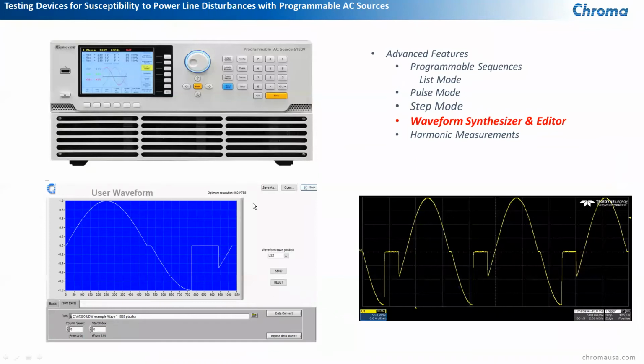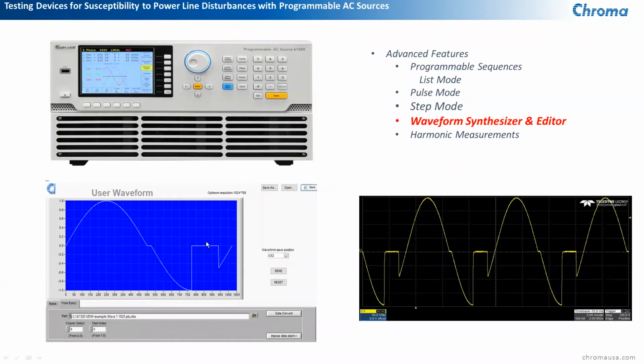We can also create waveforms, like I mentioned, by importing them in Excel. We have up to 1,024 data points to create a waveform cycle. And we can edit it in Excel, and then we can download it from Excel. We can also use waveforms that have more data points, and then we actually have a data conversion. It will mathematically convert that down to the 1024 data points.